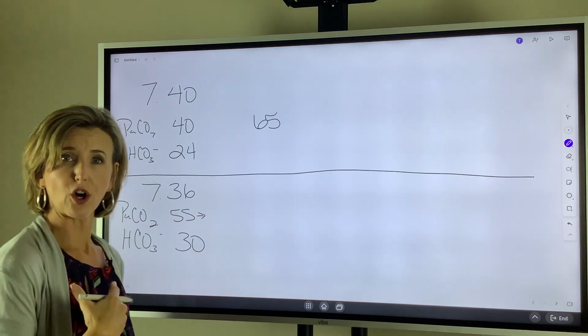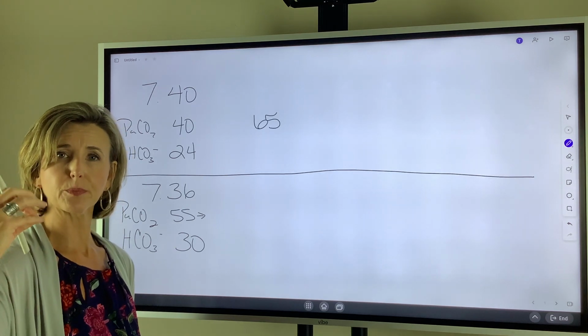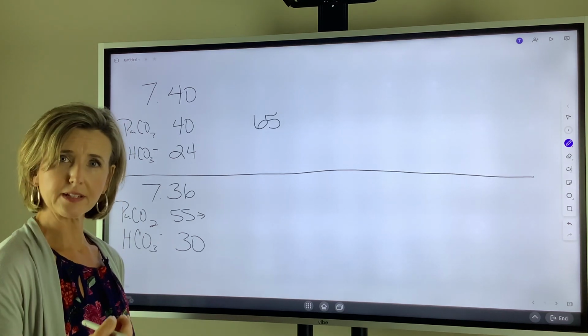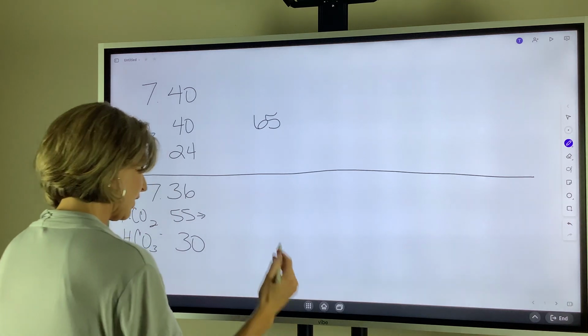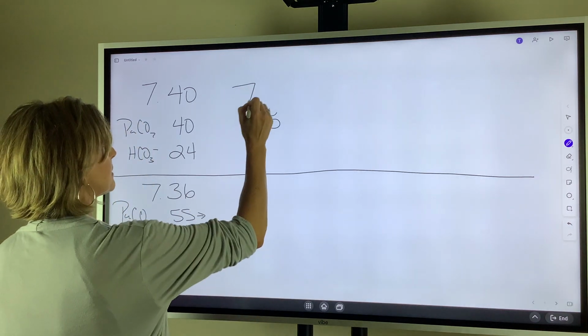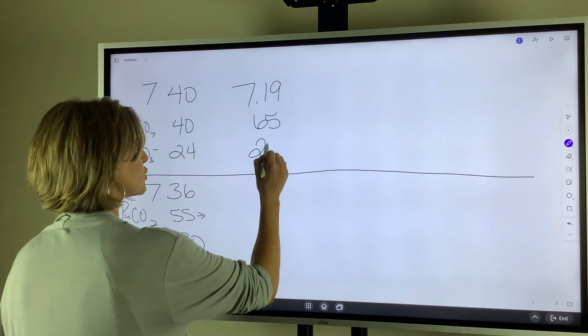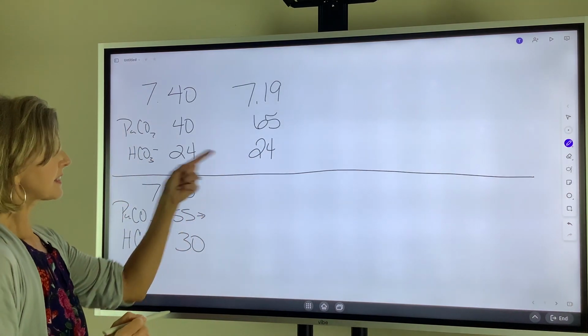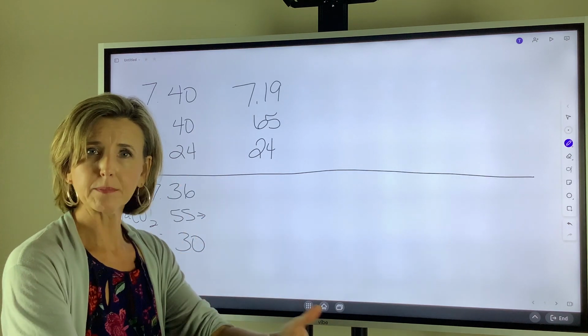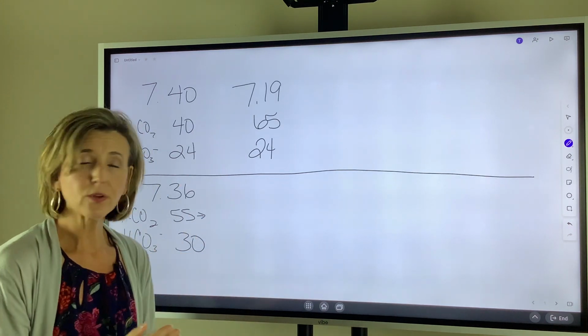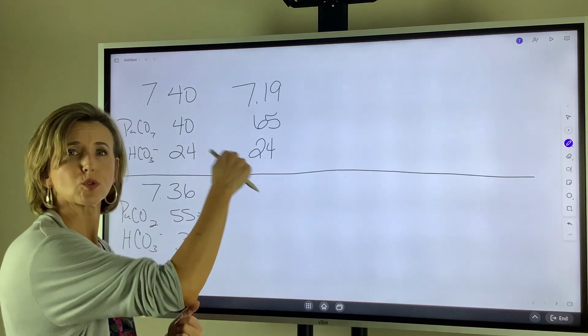Because they're not breathing, their respiratory center in their brain is depressed, they're not breathing as much, so CO2 elevates. When CO2 elevates, pH decreases, but this has happened so suddenly that this patient has not had time to compensate. And I know that because the bicarb is normal.